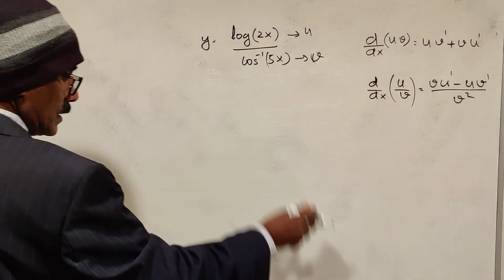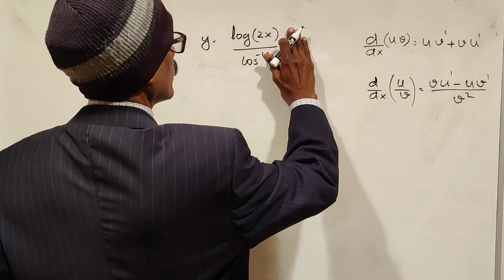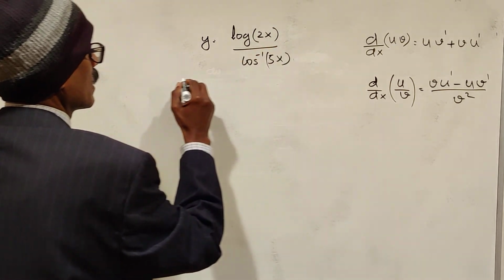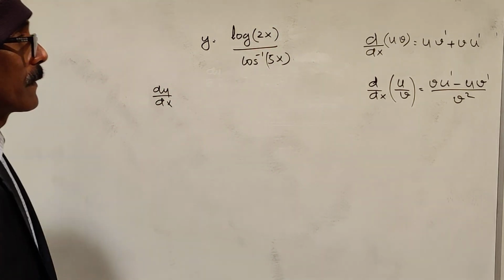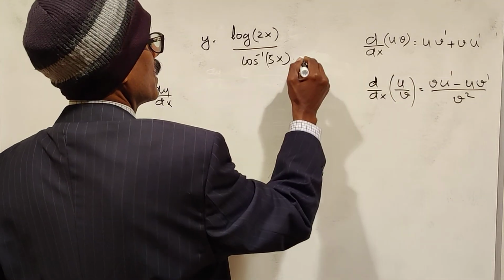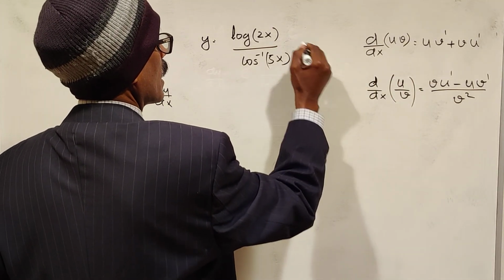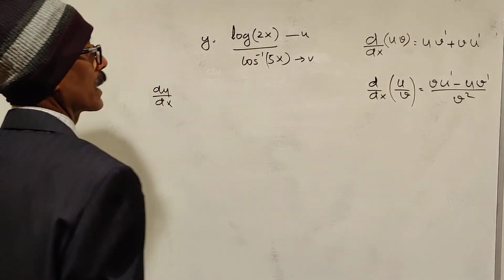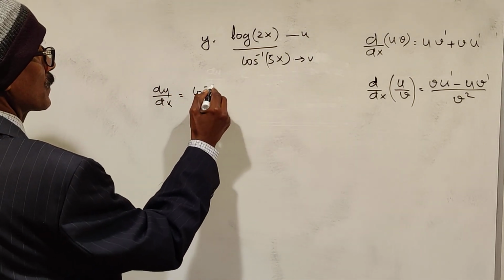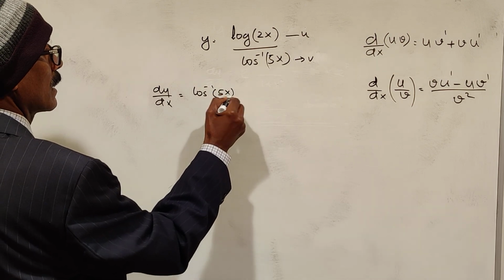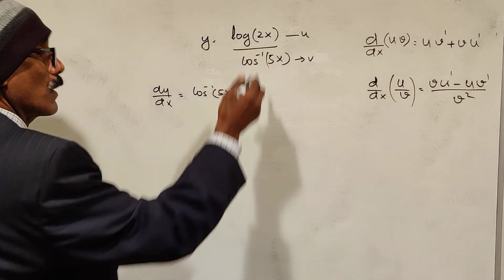Here this is u and this one is v. dy by dx equals v, cos inverse 5x, into derivative of log 2x.